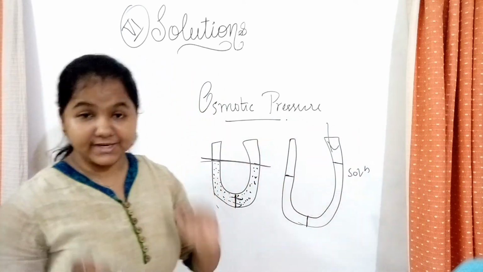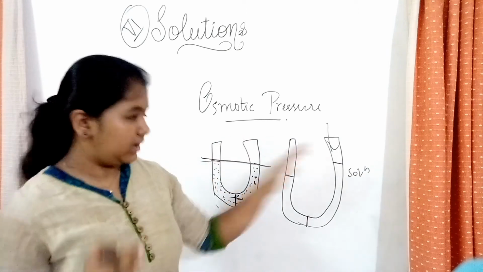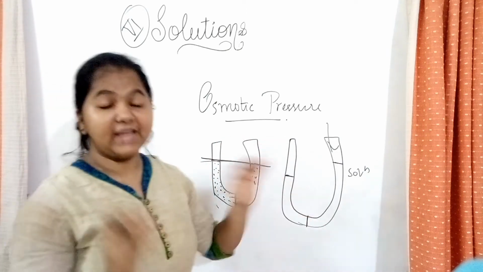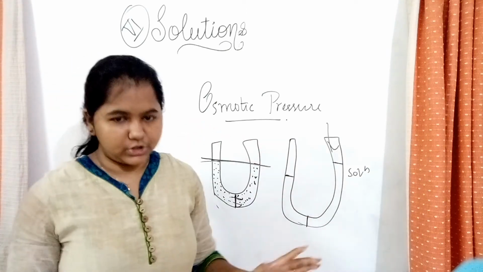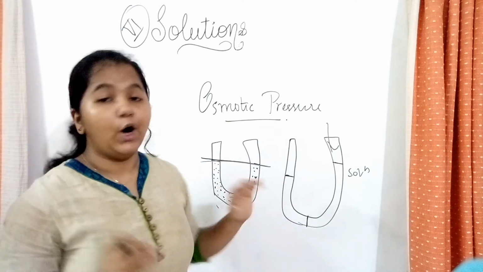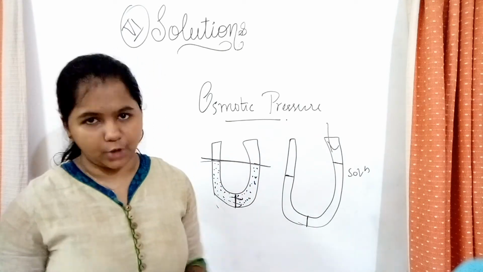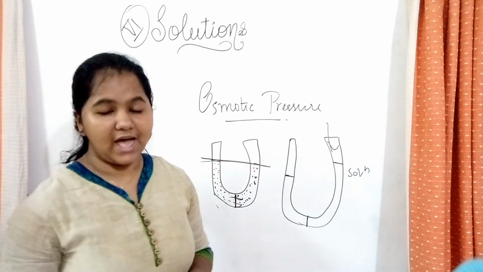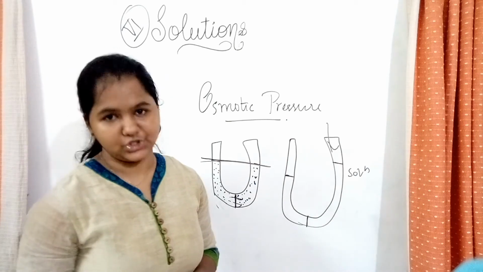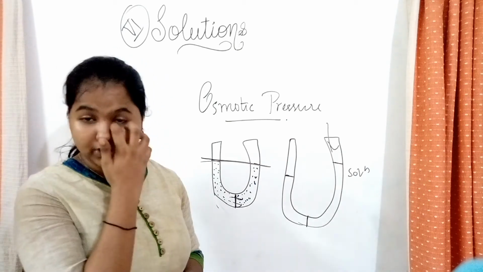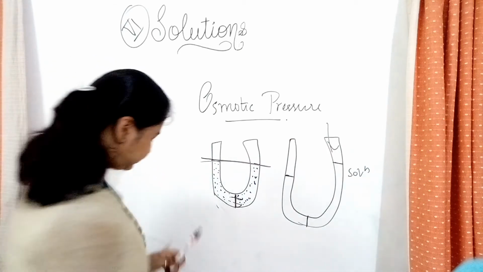When you apply pressure over the solution, at a particular pressure the osmosis between these two would stop. That pressure is known as osmotic pressure.